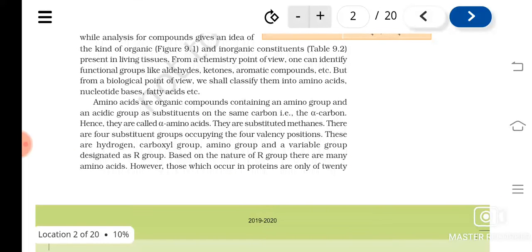Amino acids, we have studied their structure and their specialities, and I have also taught you the proteins and their structure, because amino acids are the building blocks of proteins. So amino acids are found where?